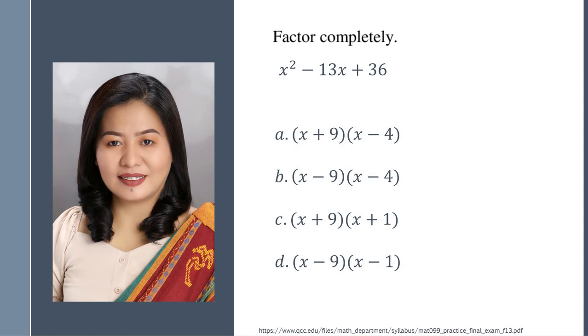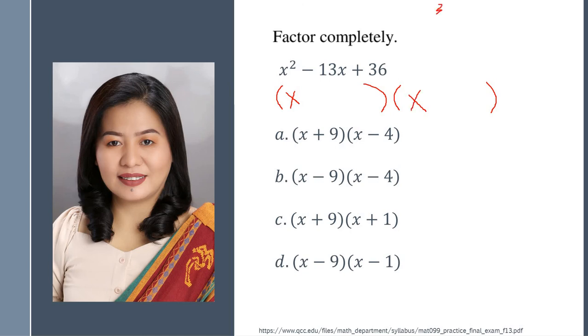Next. Again, we have a trinomial. So the same process as the previous number. Think of the factors of x squared, that's only x and x, and factors of 36 that gives you a sum of 13.